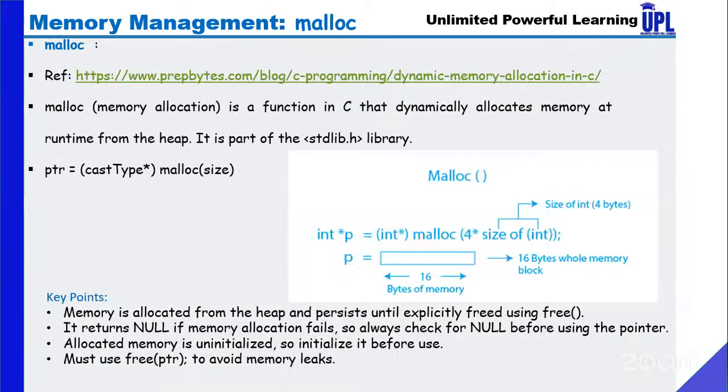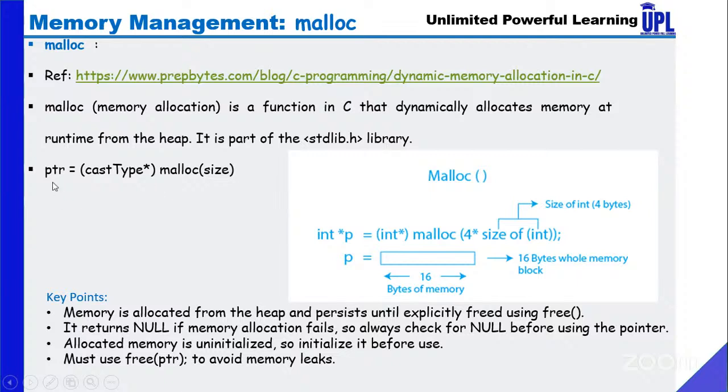So better understanding of this memory management is important with respect to your pointers. The first part we wanted to discuss is malloc. Malloc is nothing but memory allocation: M means memory, alloc means allocation. It is a function that dynamically allocates memory at runtime from the heap. It is part of the stdlib.h library.